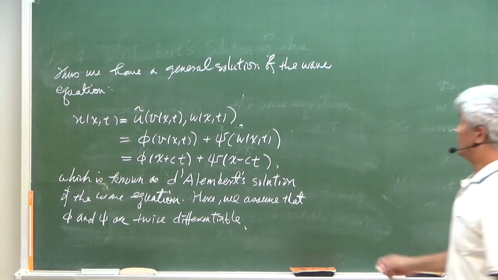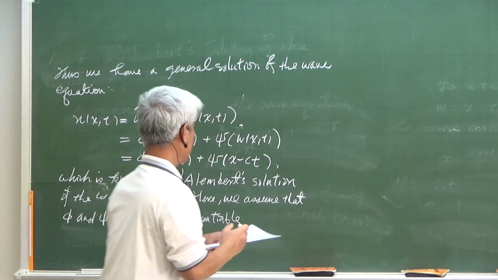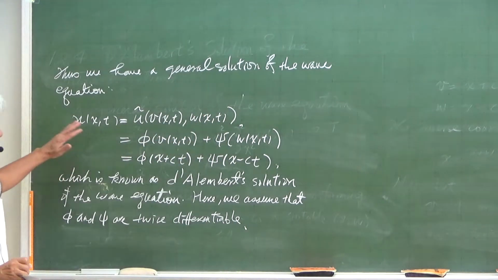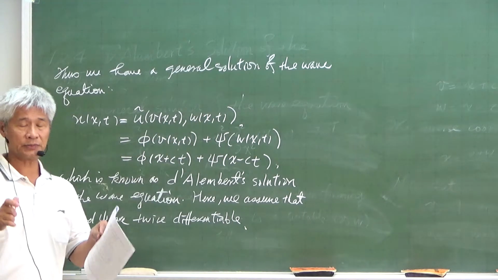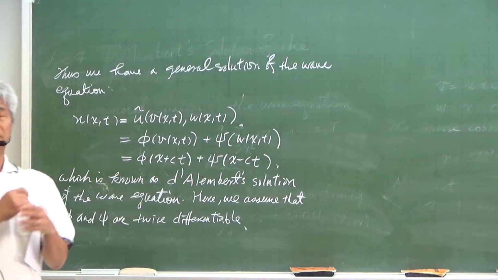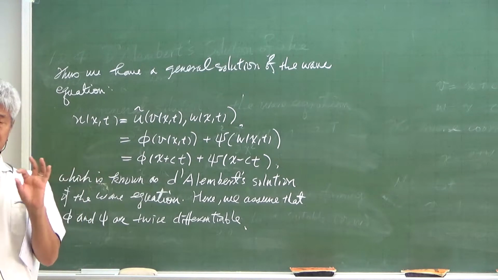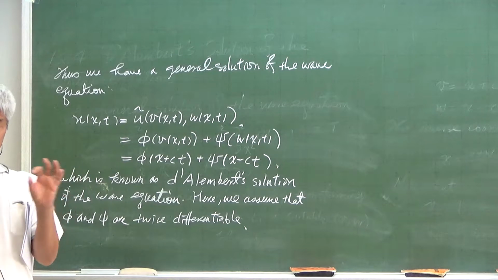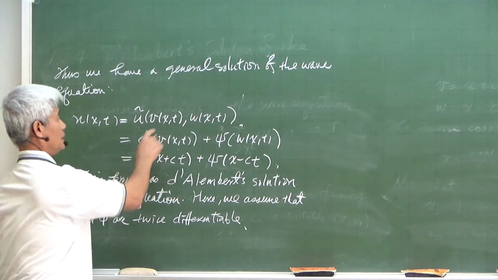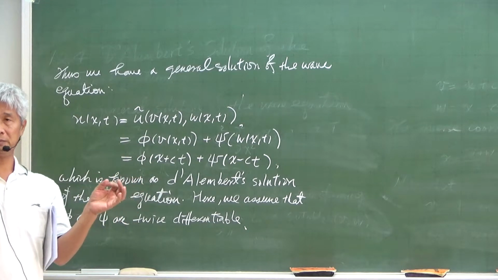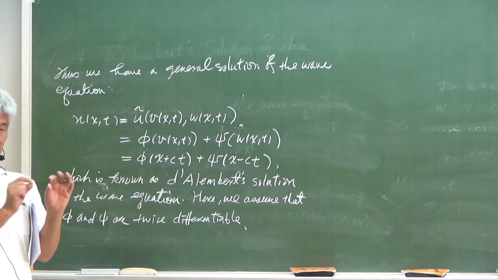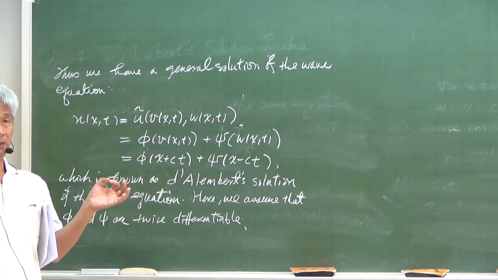Okay, now we get the general solution here because we do not restrict the space. We just say the x can be any point on the real line.